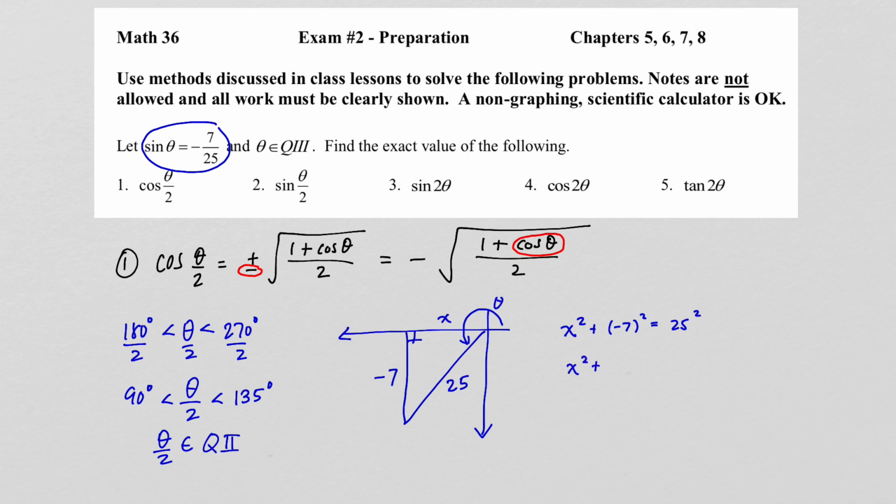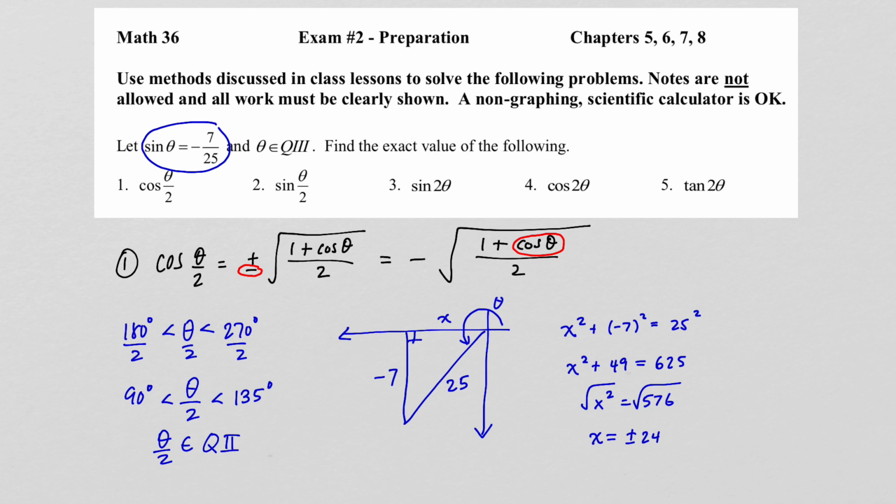This is x squared plus 49 equal to 625. Subtracting 49 from both sides, we get x squared is equal to 576. Then taking the square root of both sides, x must be plus or minus 24.